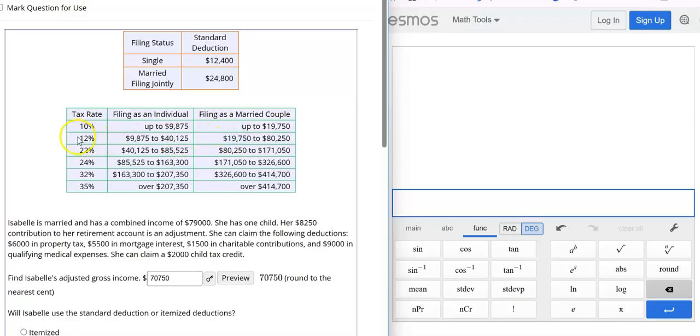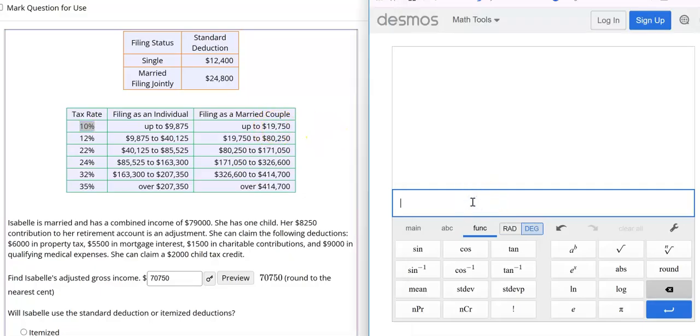So she's paying 10% of her taxable income up to $19,750. This is the marginal tax rate. So 10% is 0.10 multiplied by 19,750. That is $1,975 you're going to pay at 10%.